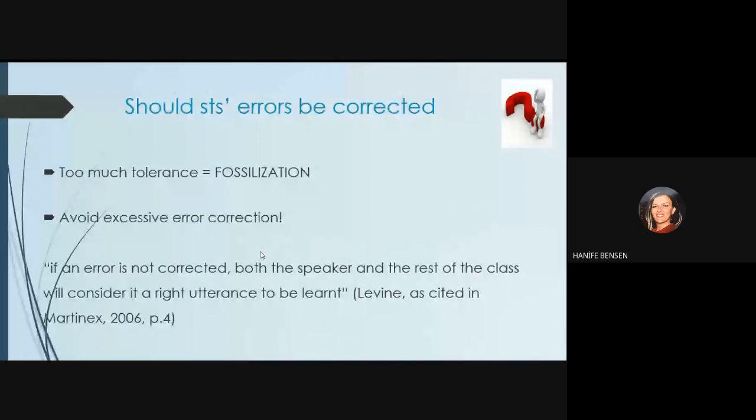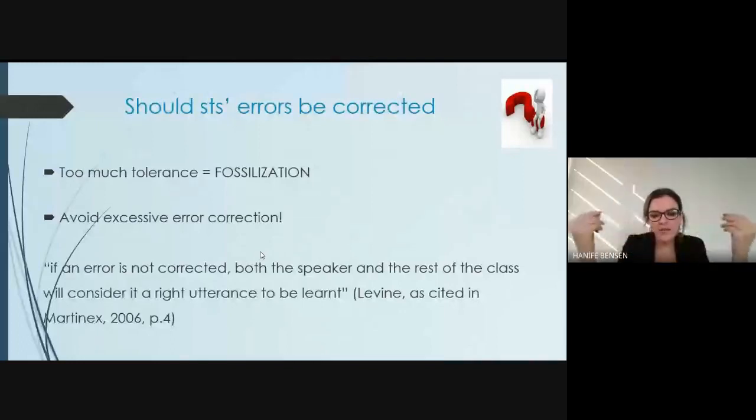The term corrective feedback doesn't just mean the correction of errors. We are talking about giving students positive and negative feedback with regard to the errors that they have committed.